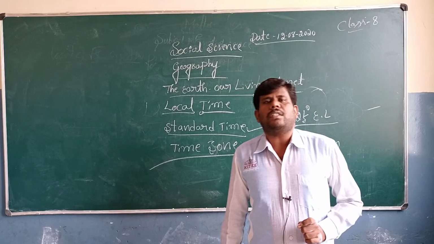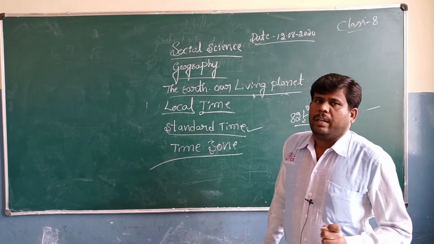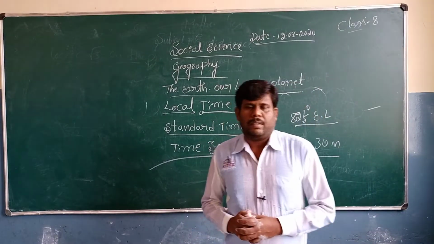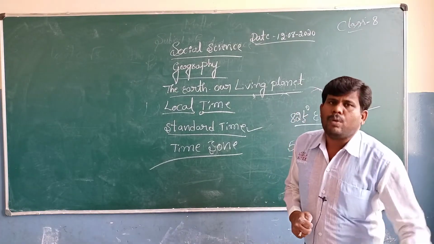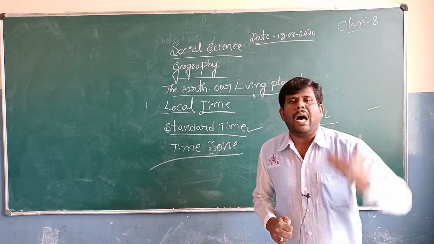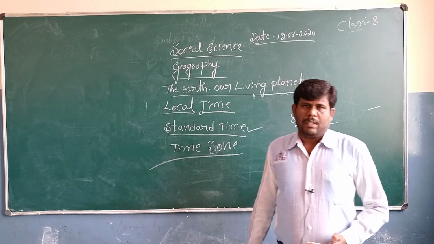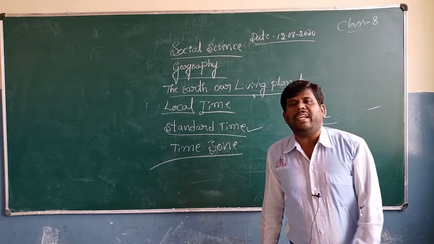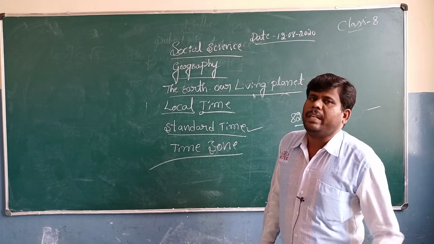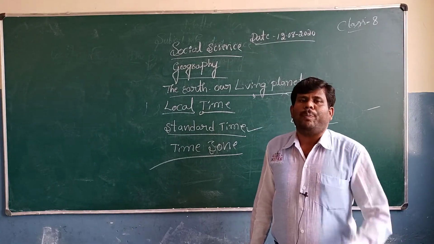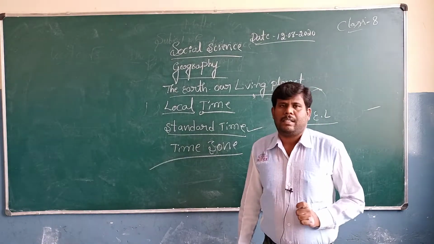Next, the international dateline. Children, the international dateline is a line that passes over the Pacific Ocean along the 180-degree longitude, but makes some detours to avoid the land masses.